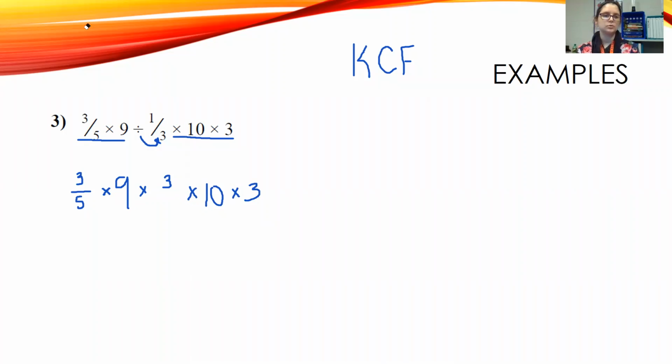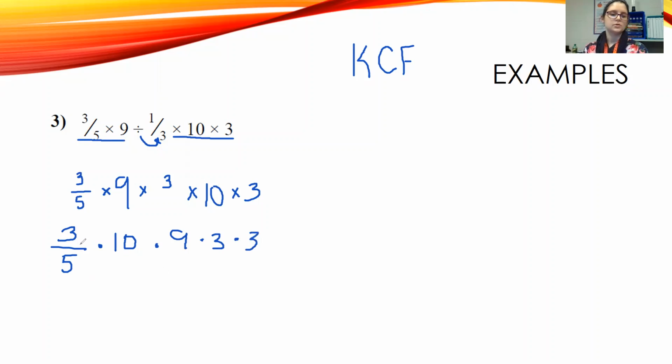I'm ready to commute my problem. I have primarily whole numbers, except for this 3 over 5. And so I'm going to pair it with the 10 because I know 5 is a factor of 10. So I'm going to say 3 over 5 times 10 times 9 times 3 times 3.